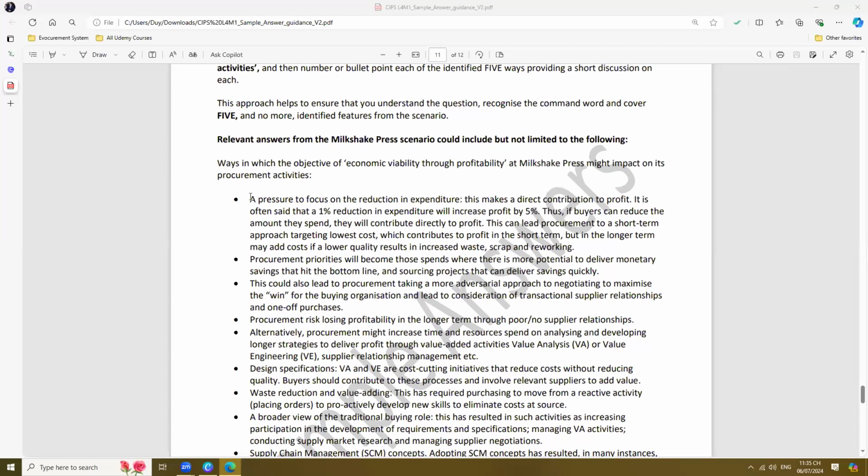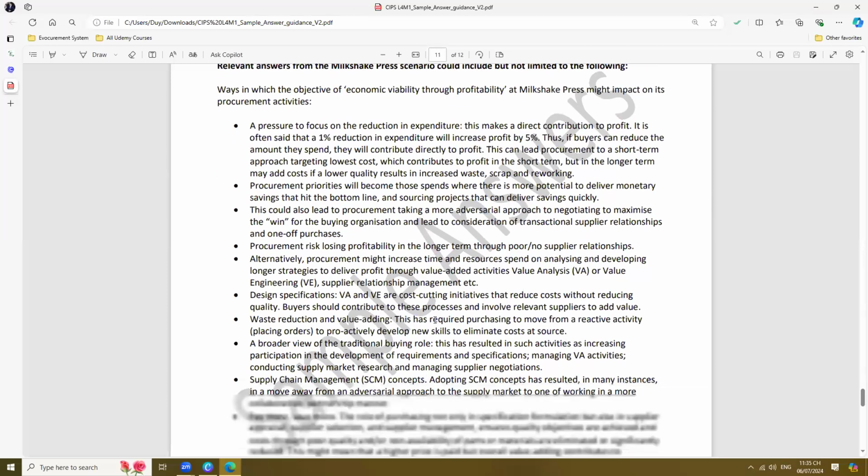It could create a pressure to reduce expenditure. It could lead to priorities on the more important or higher expenditure. It could lead to a more adversarial approach to negotiation. It could lead to poorer supply relationships because of more adversarial negotiation.